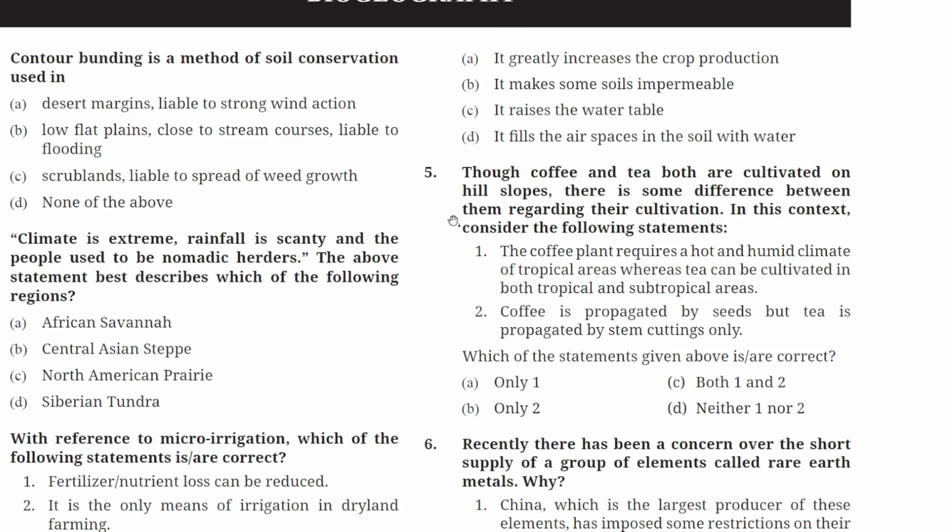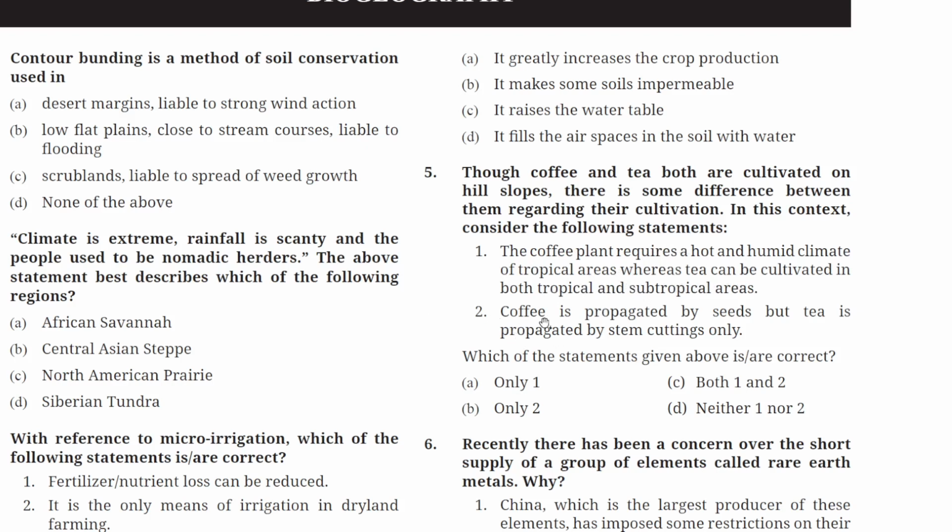Question number 5. Though coffee and tea both are cultivated on hill slopes, there is some difference between them regarding their cultivation. In this context, consider the following statements. The coffee plant requires a hot and humid climate of tropical areas, whereas tea can be cultivated in both tropical and subtropical areas. Option one is true. Coffee is only in the tropical, whereas tea is both tropical and subtropical.